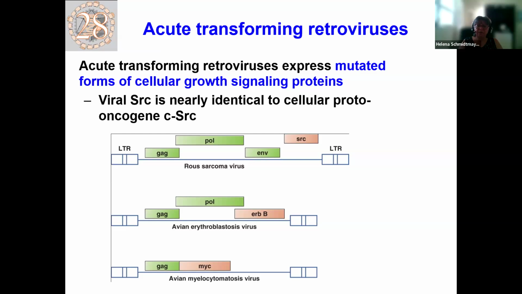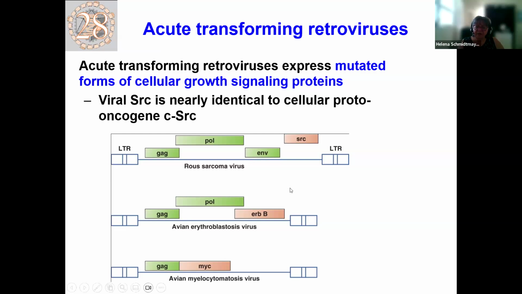You know that proto-oncogenes are cellular genes which have normal function during cellular replication. However, if they are mutated and acquire continuous active state, they become oncogenes.